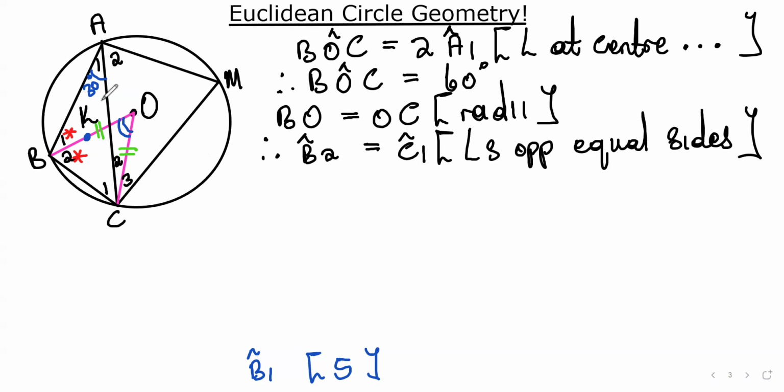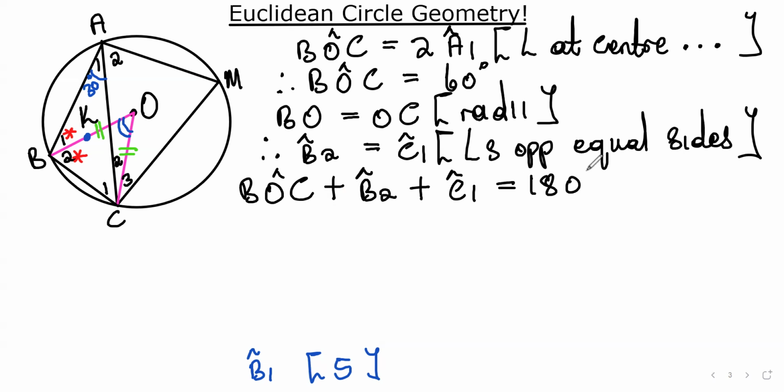Now we can go to the triangle and say, when we take angle BOC and add it to angle B2 and add it to angle C1, we are simply going to get 180 degrees.